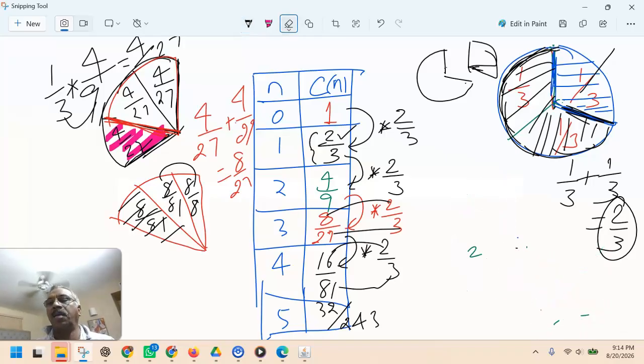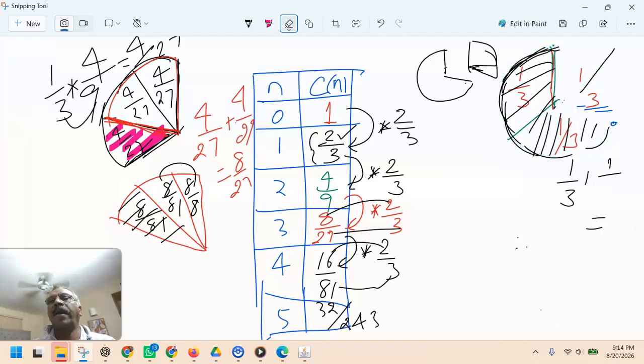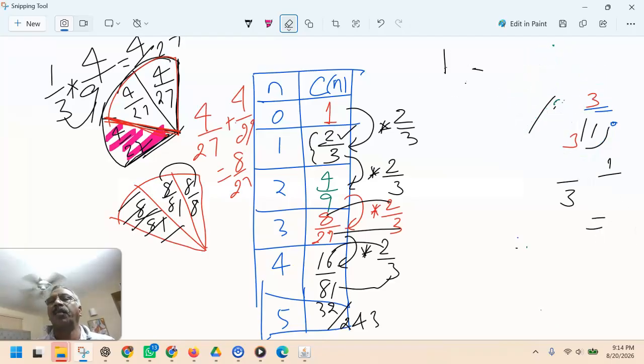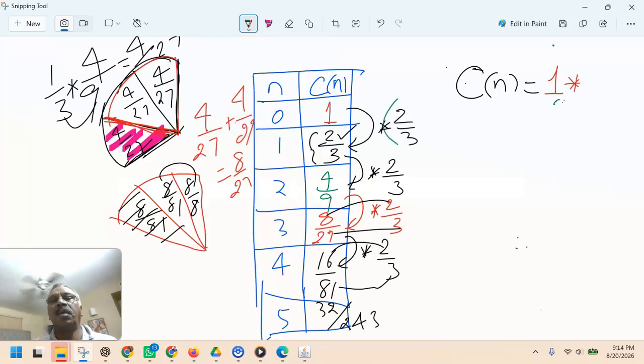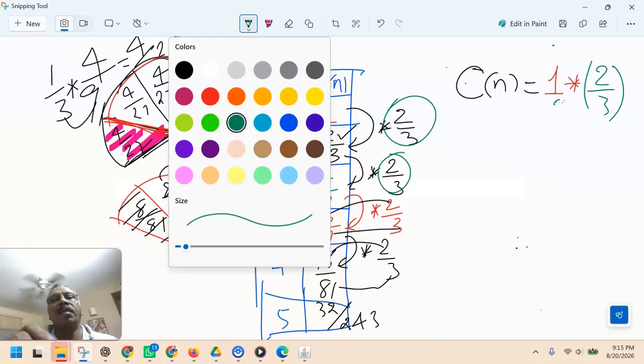So what's going on here is let's write the explicit formula. So how many times do you multiply two-thirds? That's the Cn equals, in the beginning it was the red one, it is 1. And now after that you went on multiplying, you see 1, 2 like this. So you're going to multiply two-thirds, and then the question is how many times?